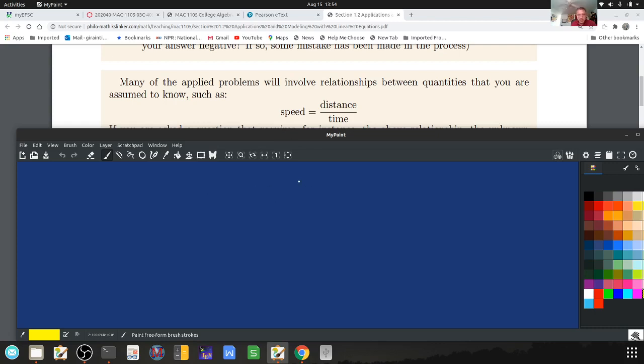So that's often given this way. Speed is given by rate. R means speed. D is the distance. And time is denoted by a T.